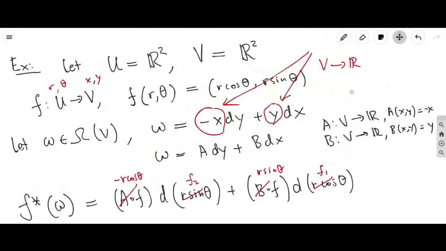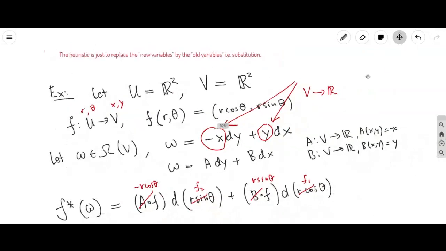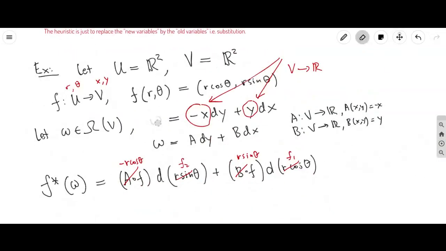So this is the heuristic. The heuristic is just to replace the new variables by the old variables. In other words, this is what we call substitution. To put it very simply, symbolically what we're doing is we have a differential form defined on V, written in terms of symbols x and y. But this mapping f takes you from r, theta and sends you to this.